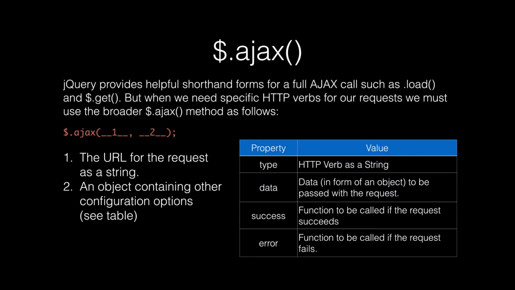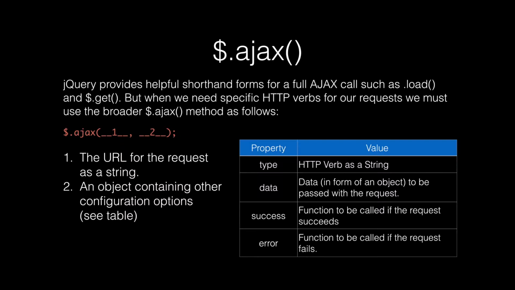If the desired result comes back, maybe we're going to want to take that data and put it in our page in some fashion. Or maybe we're just going to update some little piece of the page as a result. However, if there's an error, we might want to do something else, like show an error message on the page, or maybe try the request again with maybe a simplified filter or something like that.